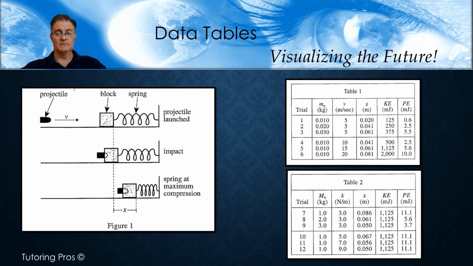Well, at 10 meters per second, you see the distance traveled with a block and spring is 0.041 meters. At 15 meters per second, the compression of the block and spring is 0.061. And then in trial 6, it's 0.081. So as we increase the velocity of the bullet and hold the mass of the projectile the same, then we get the X distance to increase.